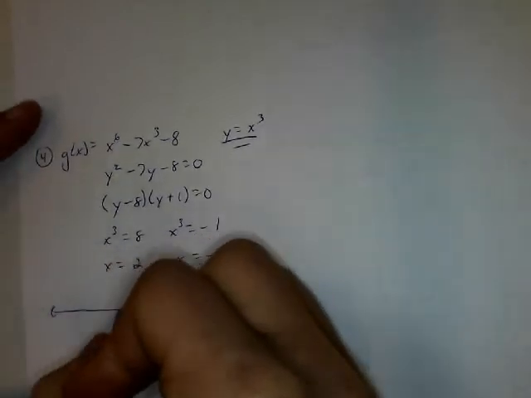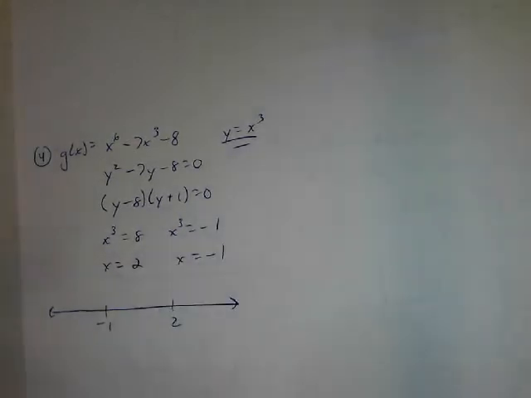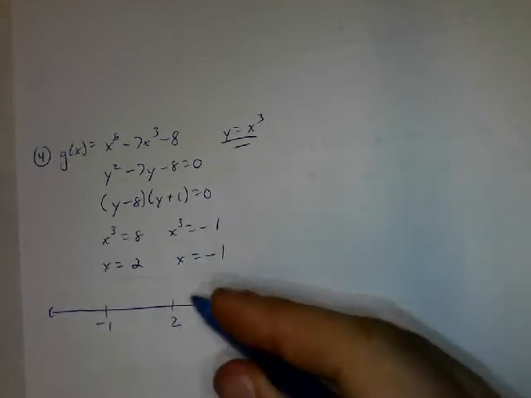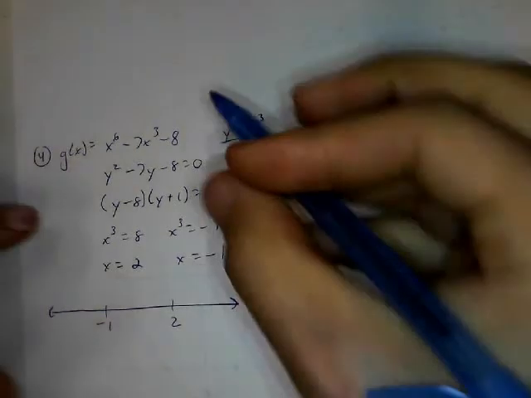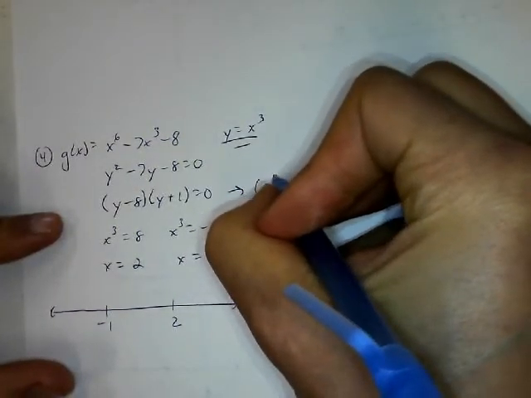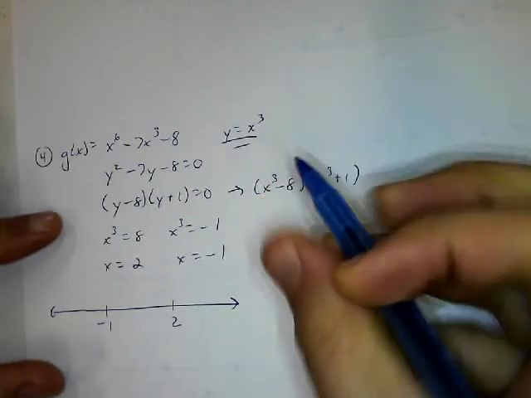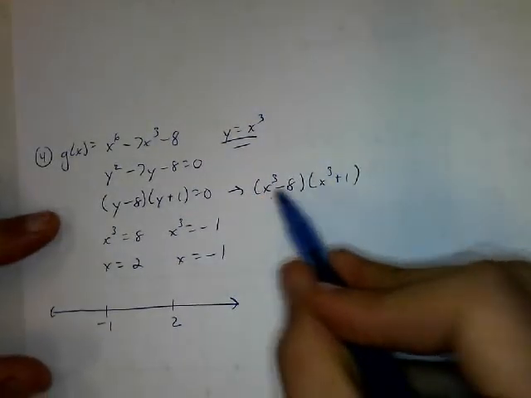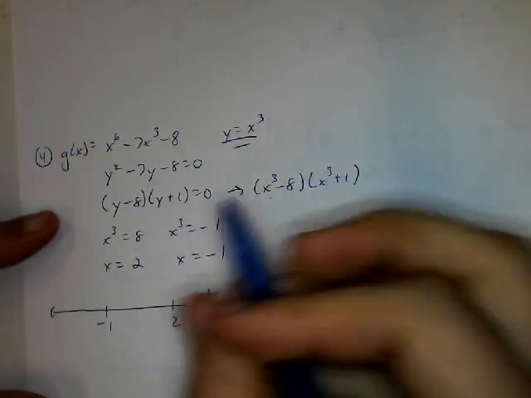So if we sketch a sign analysis, you can punch numbers in. Punch numbers like 5 in there. You can see that this is, if I rewrite this, it will be easier to tell. If you plug in 5, that's going to be positive, that's going to be positive, so that's positive. If you plug in 0, you're going to get negative.